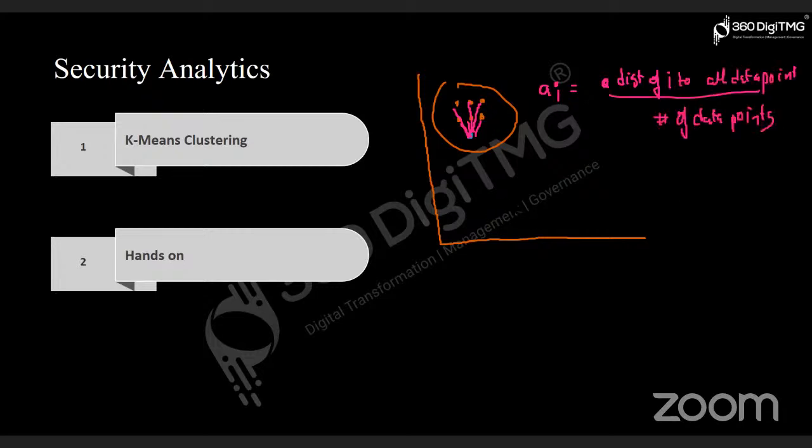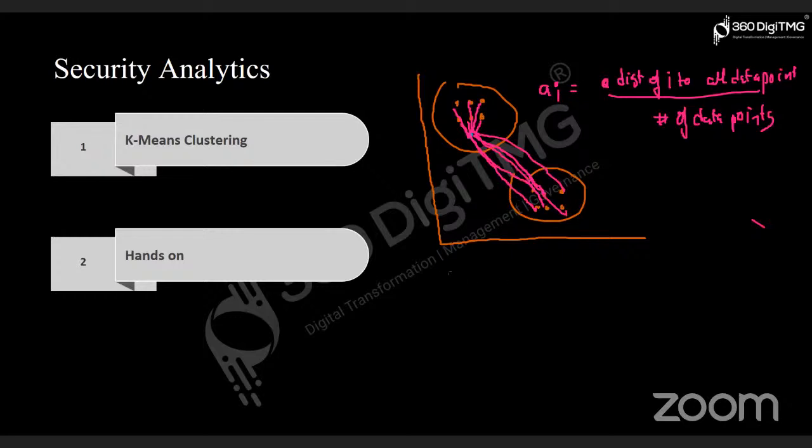And then you have another cluster here. What it will do is it will calculate the distance from this to this. So you get different distance.